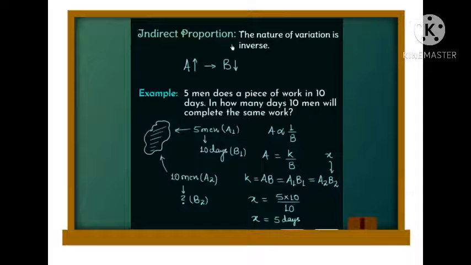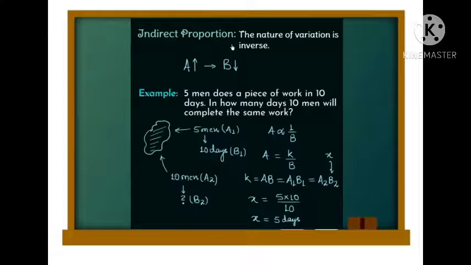Quantity A is increasing: initially it is 5, and then it is 10. Quantity B is decreasing: initially it is 10, and later it will be less than 10. So A is increasing, B is decreasing, and therefore we have indirect proportion.